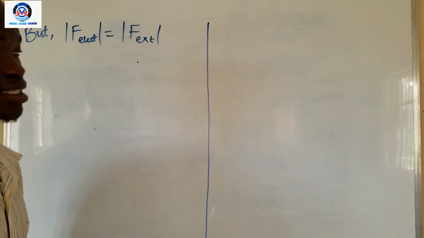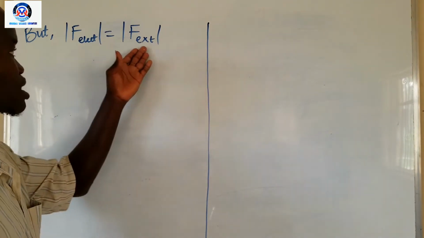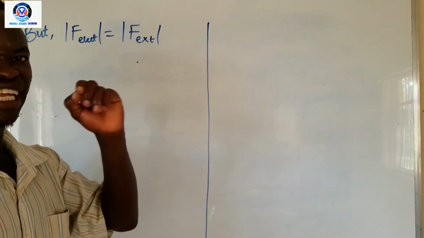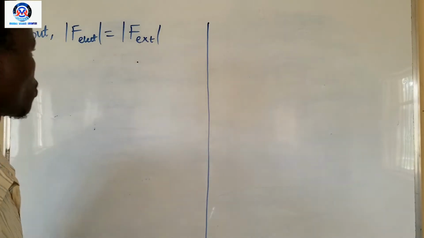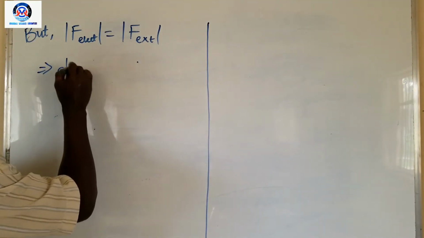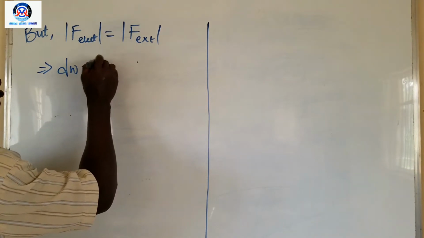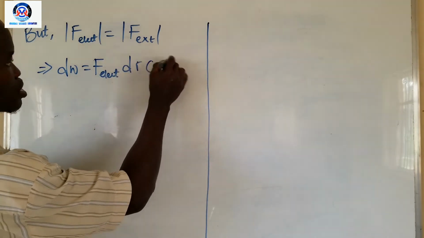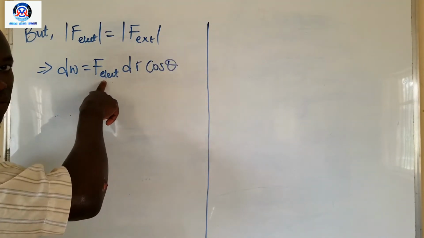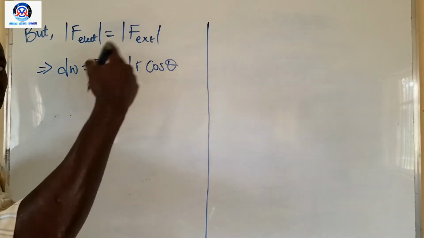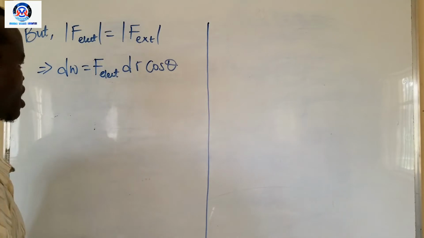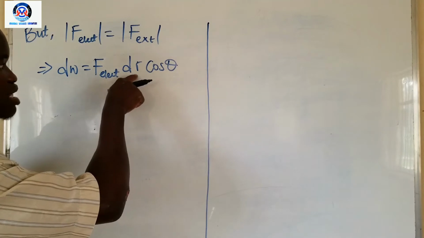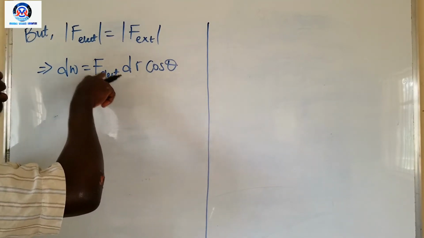But we said that the magnitude of the external force must amount to the magnitude of the electric force before the test charge can move against the electric field. So this implies that the small work done is equal to the electric force multiplied by the small distance times cos theta. Yes, we change the external force to electric force because they have equal magnitude. So now, what is our theta? Theta is the angle between the small distance and the electric force.